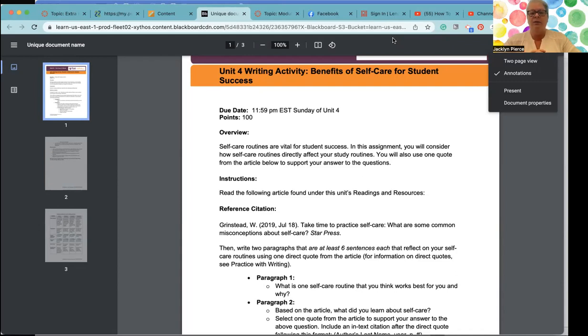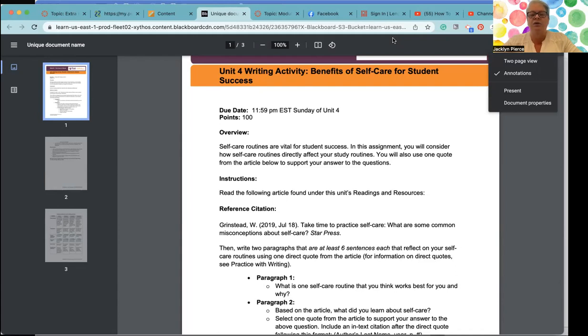So I don't normally read these to people, but I'm going to read this because I want to point out why it's important to really dig into this document. So the overview was self-care routines are vital for student success. In this assignment, you will consider how self-care routines directly affect your study routines.